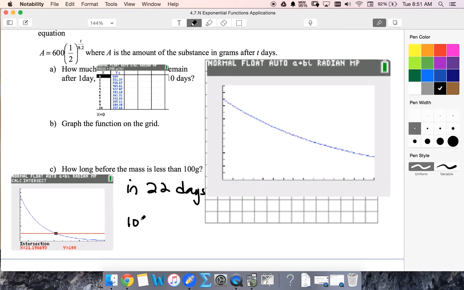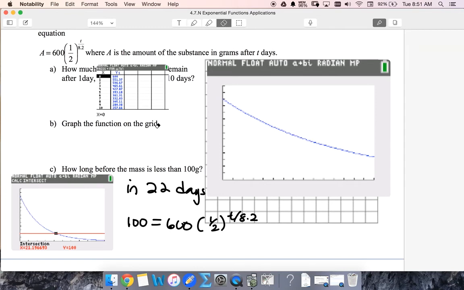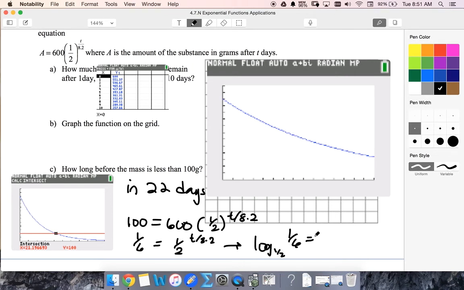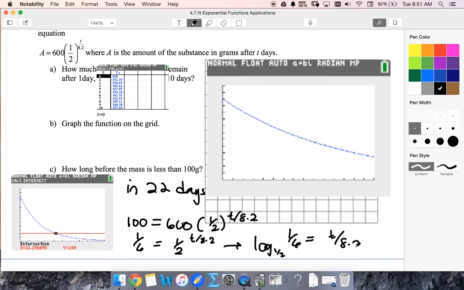We could have set 100 equal to 600, a half to the t divided by 8.2, divide by 600. We're not going to get 6, we're going to get 1/6. So 1/6 equals 1/2 to the t divided by 8.2. Using logs, this implies log base a half of 1/6 equals t divided by 8.2.